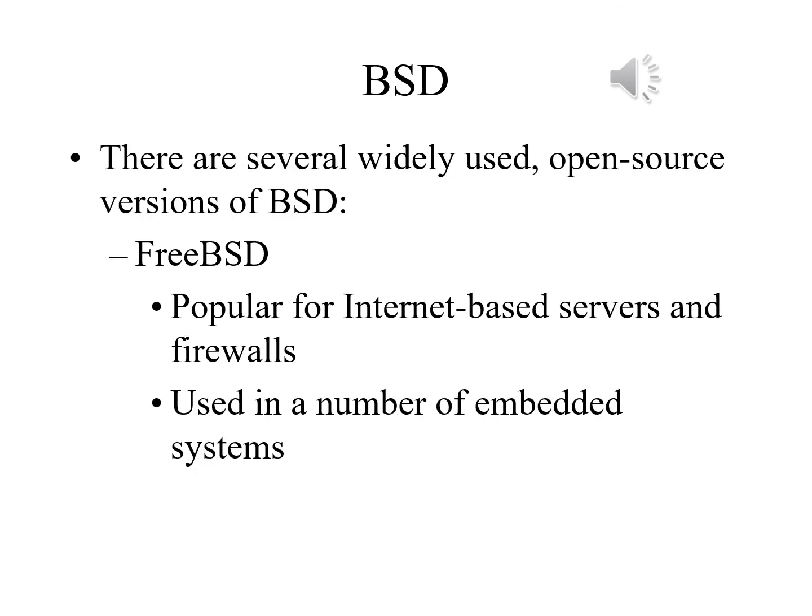There are several widely used open source versions of BSD. FreeBSD is popular for internet-based servers and firewalls, and is used in a number of embedded systems. The latest version of the Macintosh operating system, Mac OS X, is based on FreeBSD 5.0 and the Mach 3.0 microkernel.